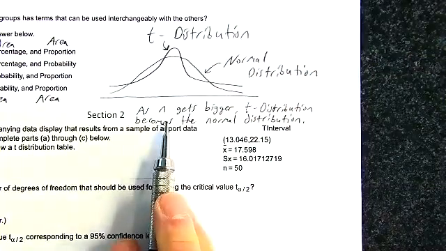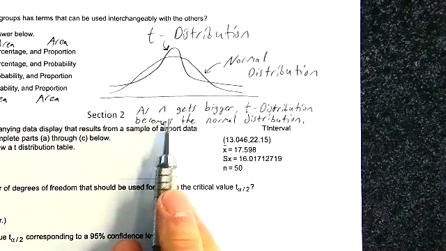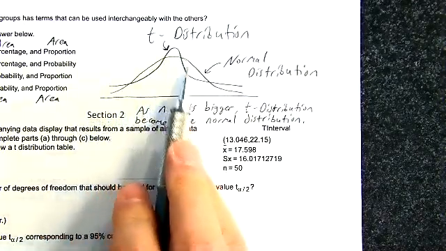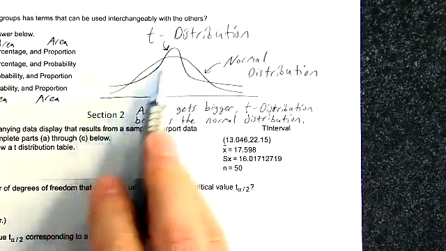So as sample size grows, like 100 or 200 or 500 or 1,000, this shape will actually change and it will morph into the normal curve.